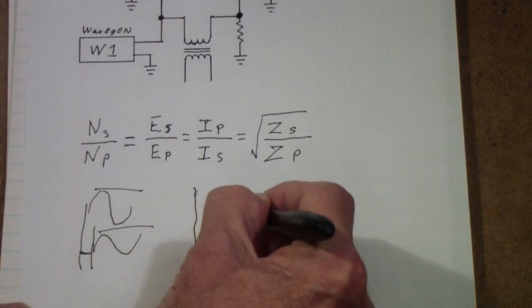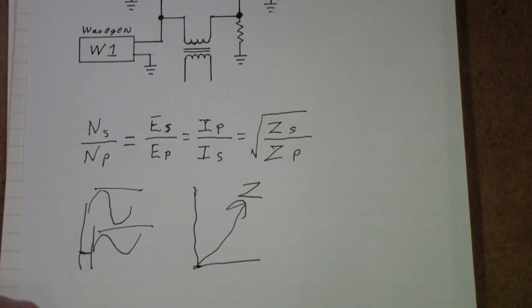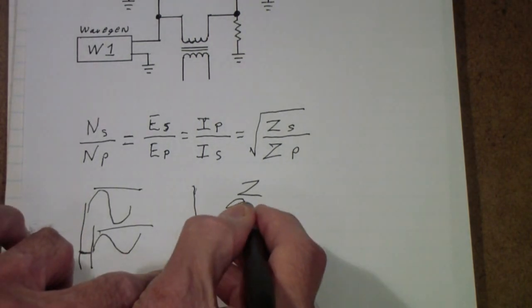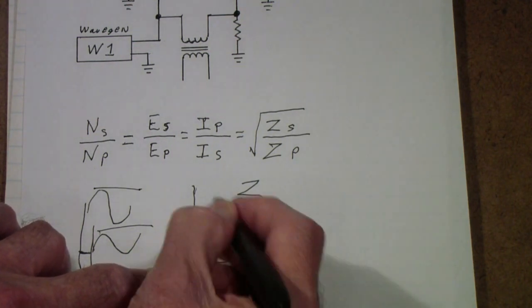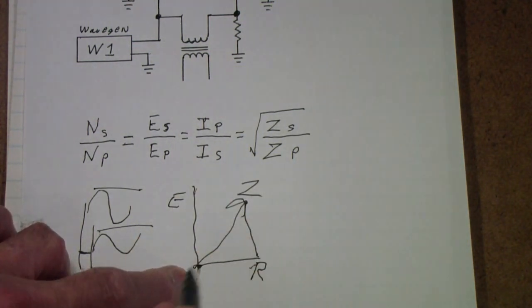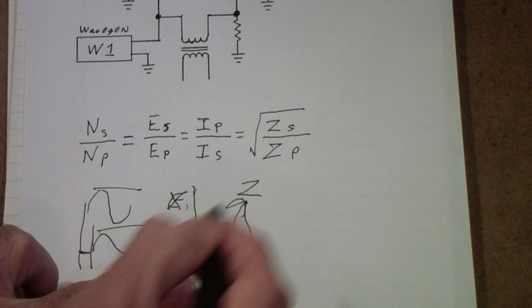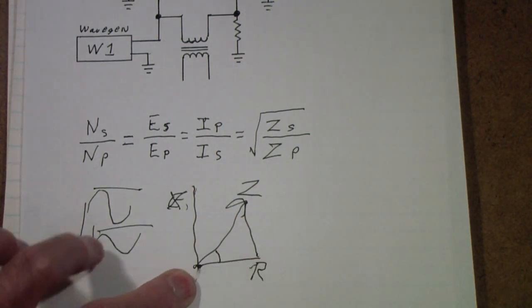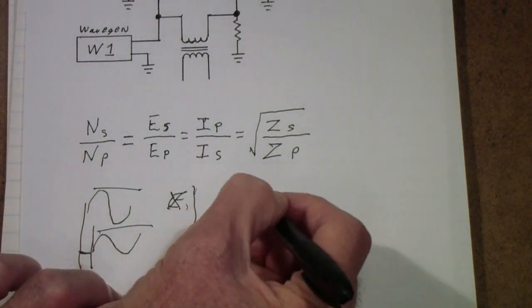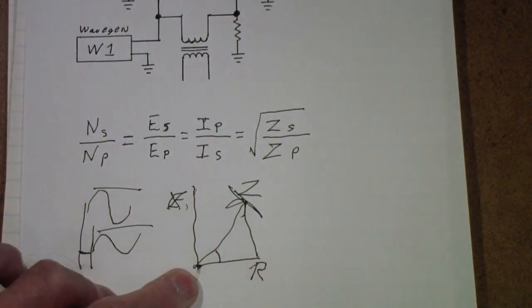There is a Z vector, and that vector is then decomposed into an R vector and an X vector. And this is the phase angle, the difference. Z is the magnitude.